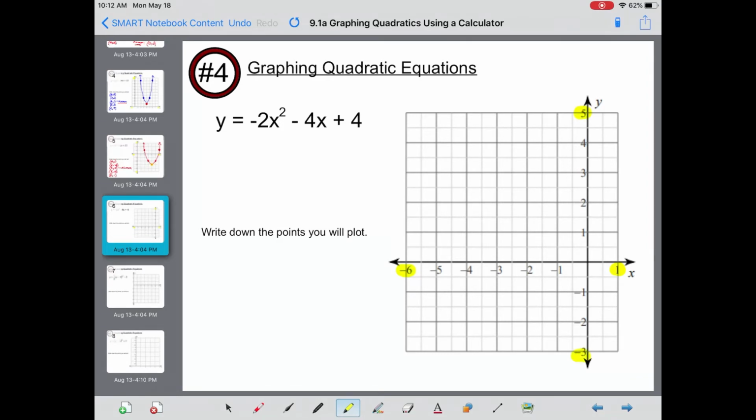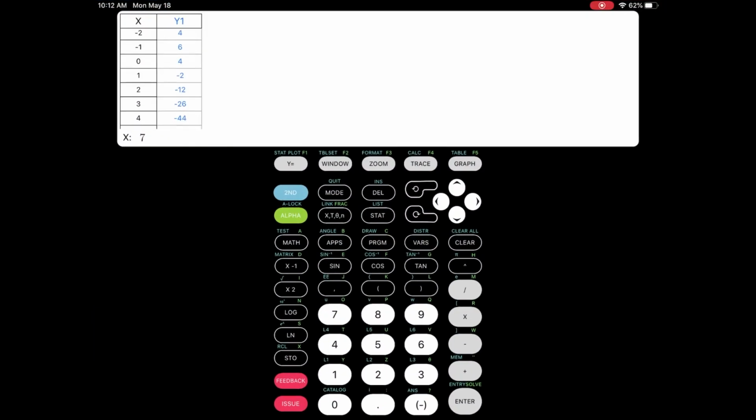So we're looking for x values from -6 to +1, and they need to be lower than 5 and greater than -3. So -6 to 1. -6, -44, not going to fit. -5, -26, also not going to fit. -4, -12, not going to fit.